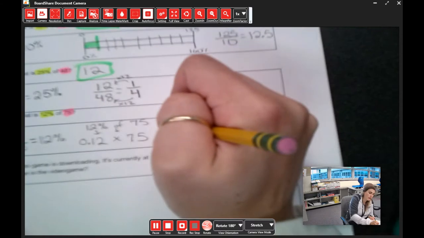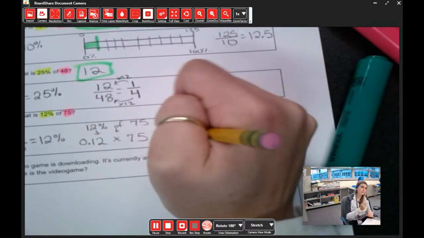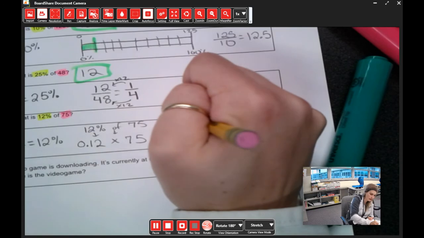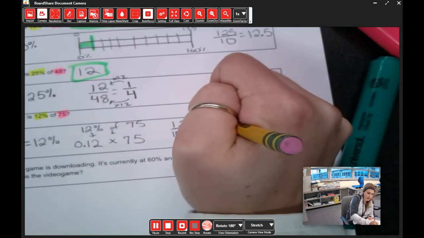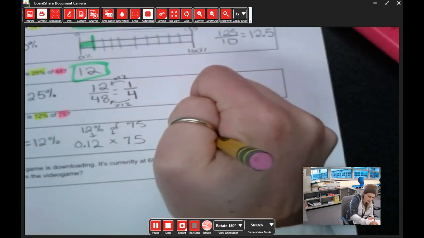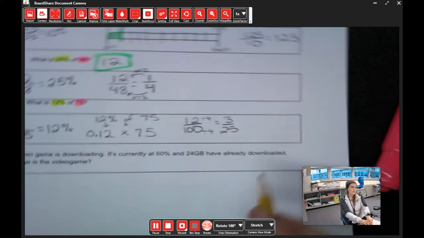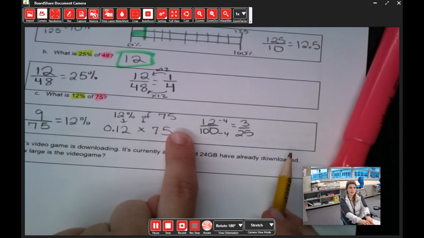Let's take a look at 12/100ths. I know I can divide both of those by 4. 12 divided by 4 equals 3, and 100 divided by 4 gives me 25. Oh, that's what it is. So when you get 3/25ths, you can simplify 12%, write it as a fraction.